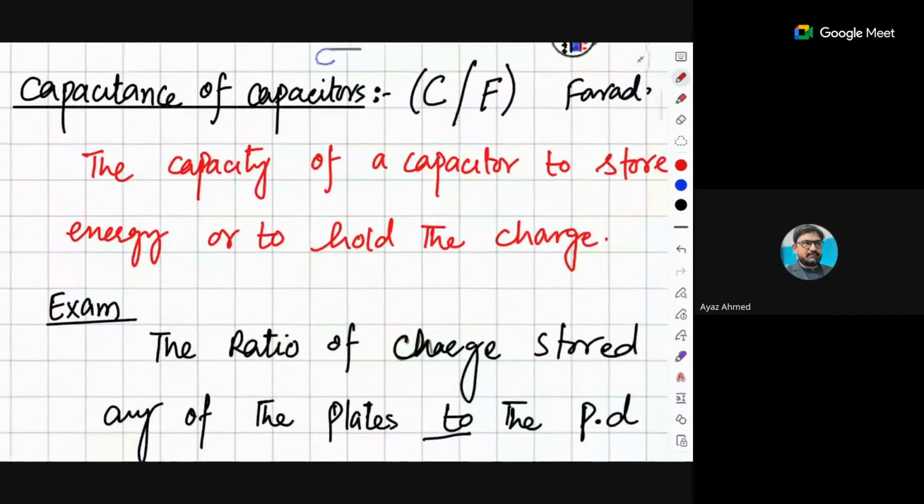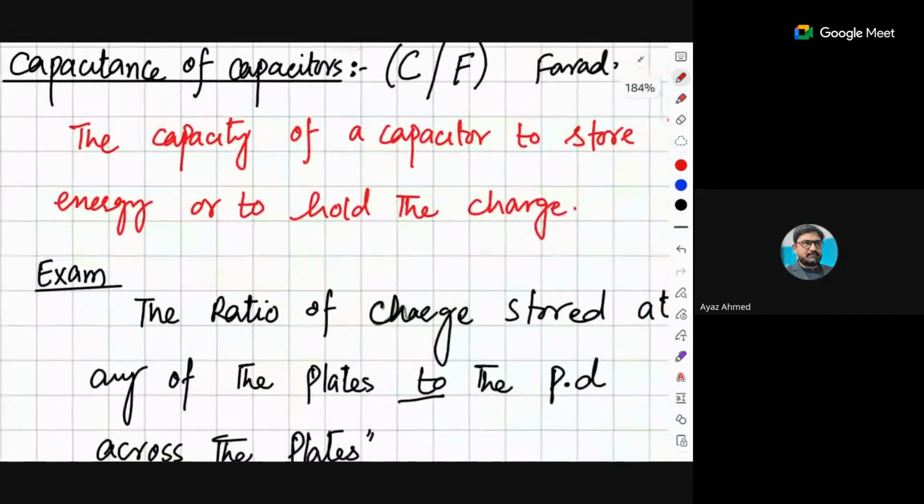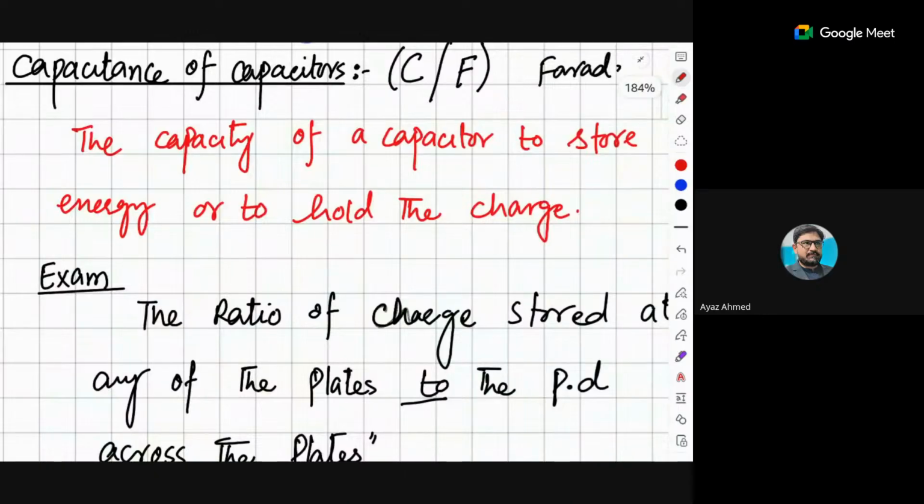So capacitance is basically that property of the capacitor which is an indicator of how much energy can be stored, or it is a measurement of how much energy is stored. You got it?